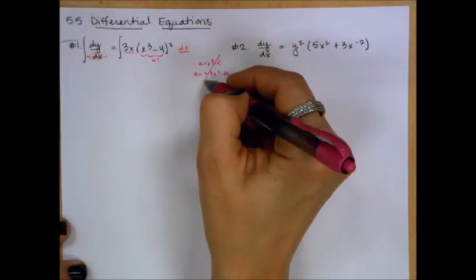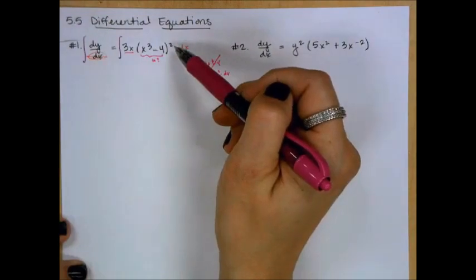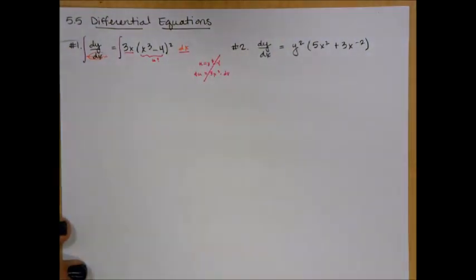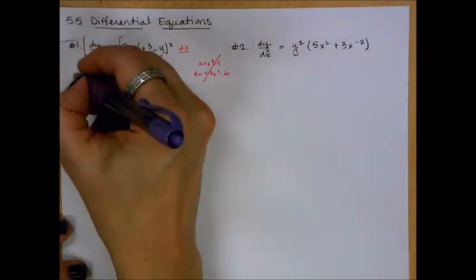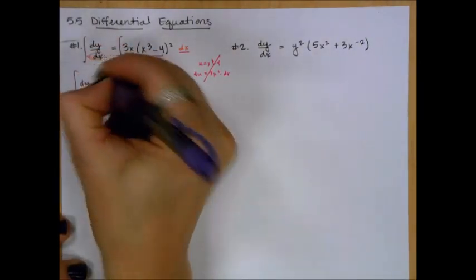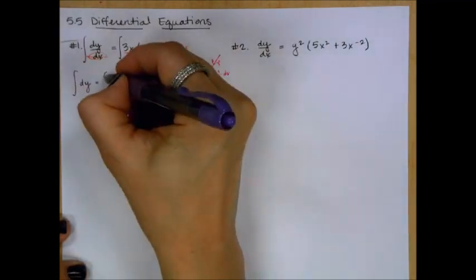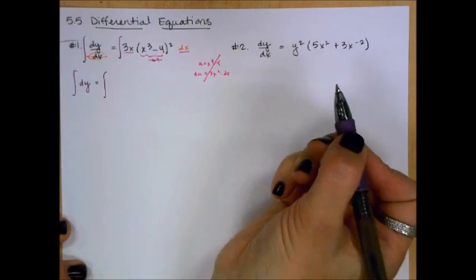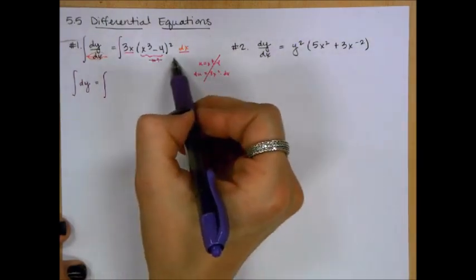So the substitution is just not working. And lucky for us, the power of 2 is not so big that we can't work with it. So we're just going to work this one out the long way. I'm going to keep my integral dy with me here. And then on the right side, start multiplying this out. So instead of the u substitution, we're going to go ahead and square x cubed minus 4.